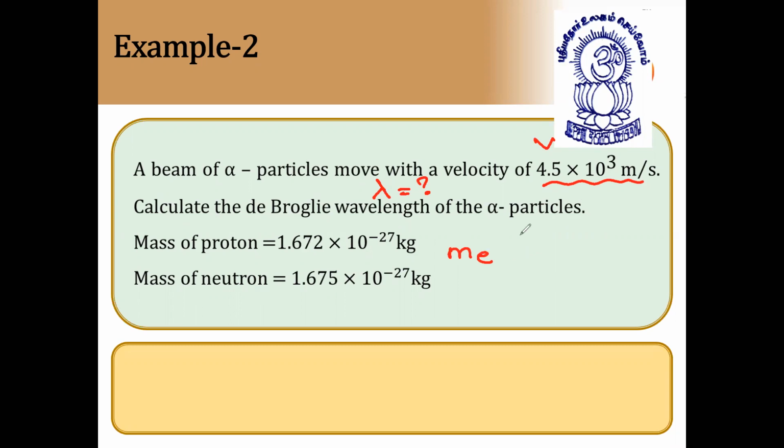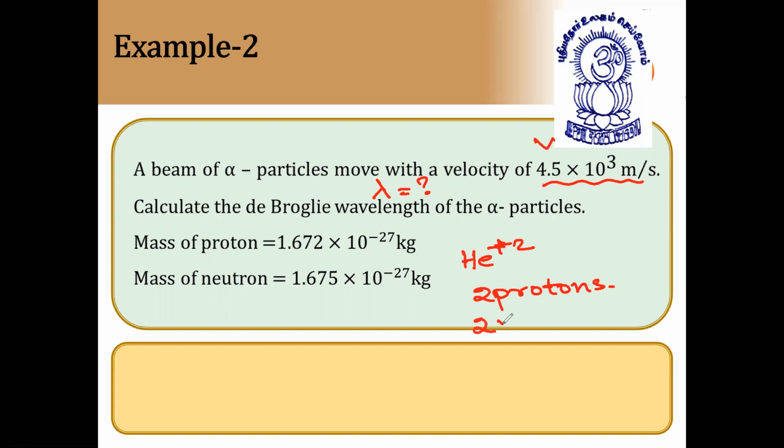Alpha particles are doubly ionized helium nuclei, that is He²⁺. The plus 2 means it contains two protons, and you already know helium has atomic number 2 and mass number 4, so it contains two neutrons also.